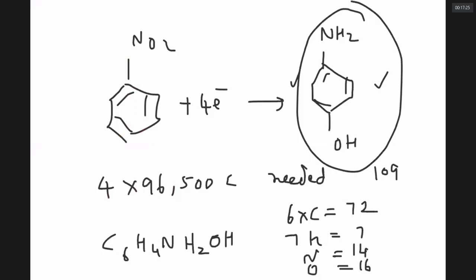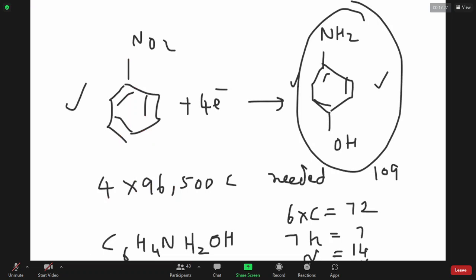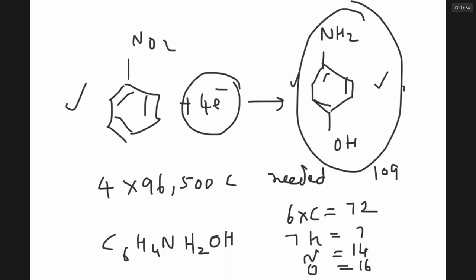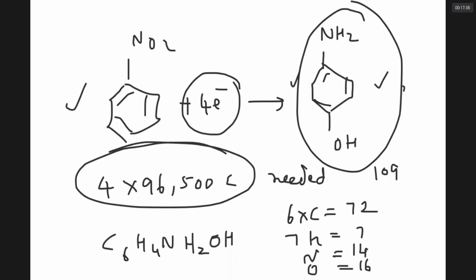Go back to previous slide. When nitrobenzene is becoming para-aminophenol, it would take 4 electrons. If I am giving 4 Faradays of charge, I get 1 mole of para-aminophenol from nitrobenzene.